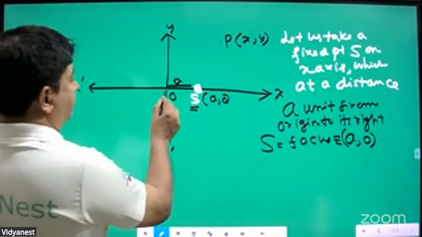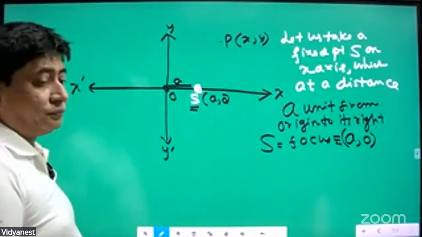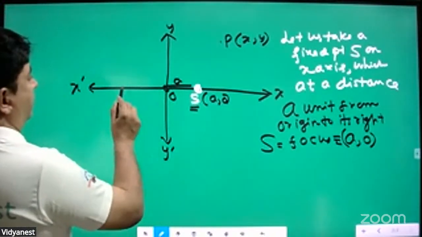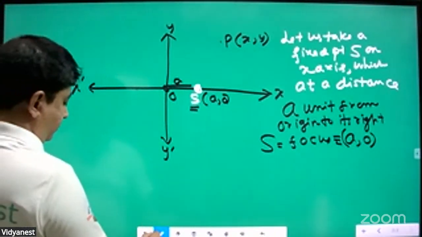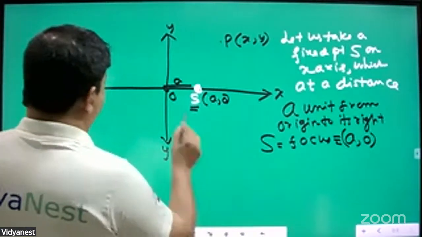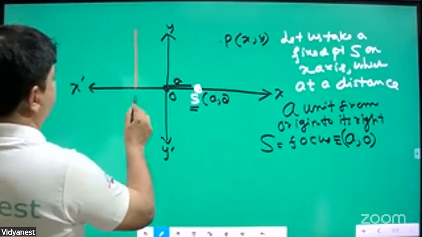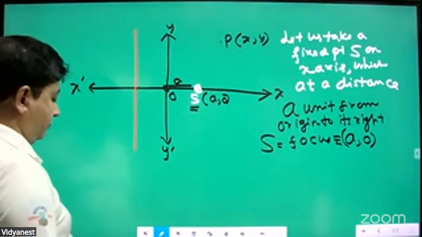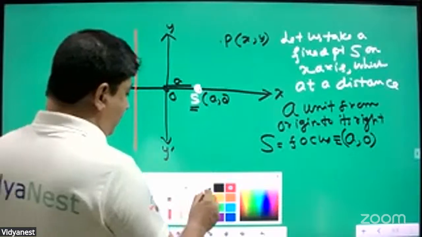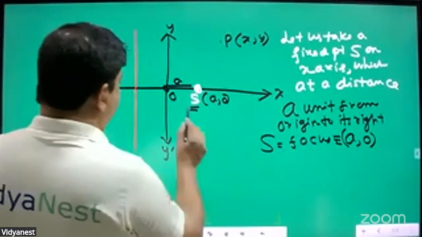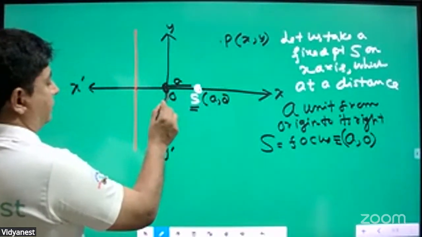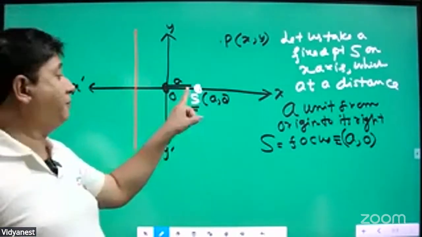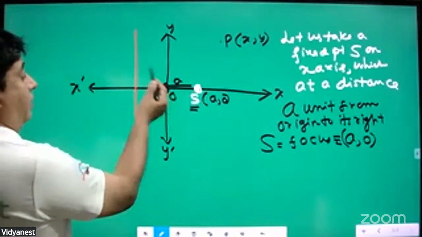And see, we are drawing one line parallel to y-axis, keeping the same distance from origin which that focus had, but in opposite direction.